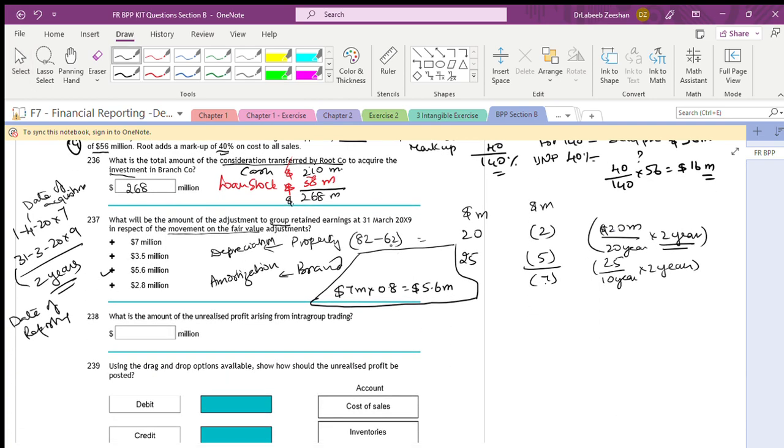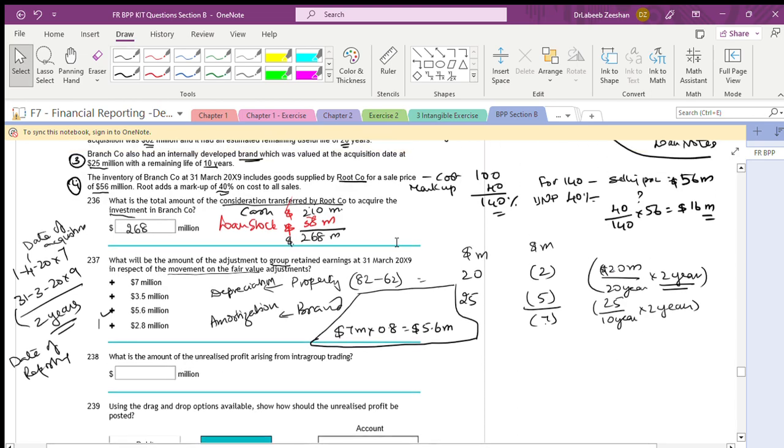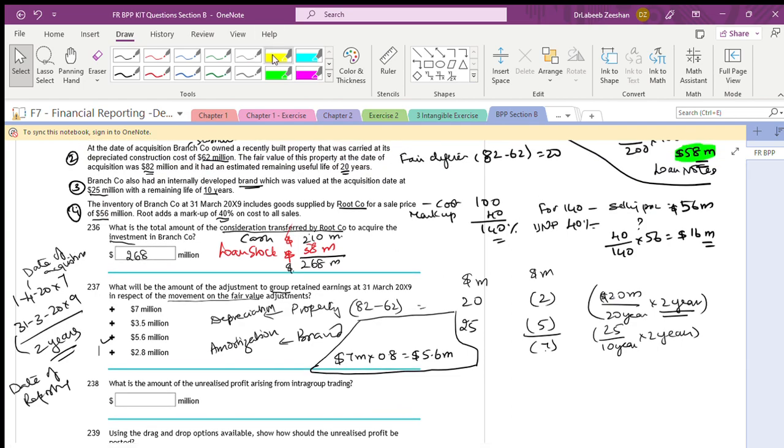Now, what is the unrealized profit? We have calculated unrealized profit. How much is there? Don't take that again, we have calculated it here. It is 16 million. They say portion of unrealized profit, PURP.